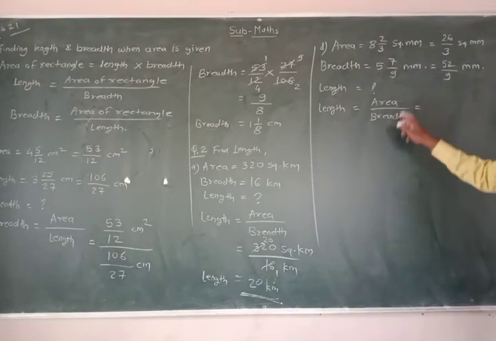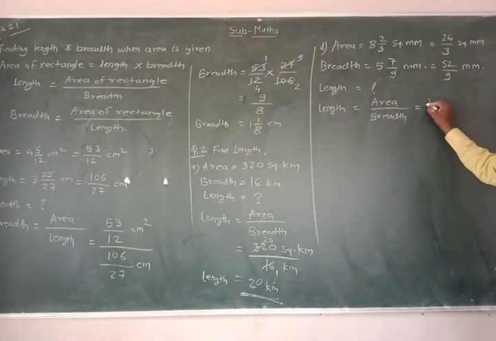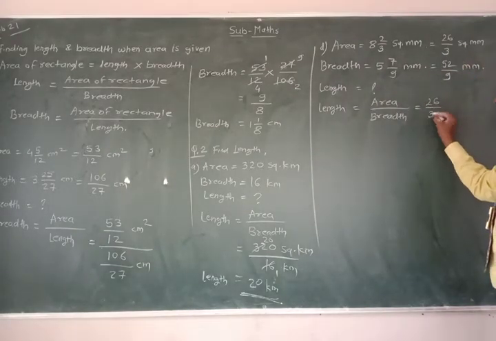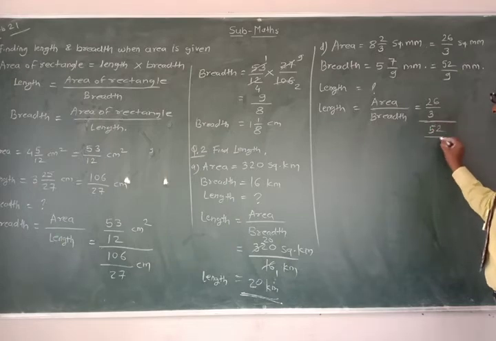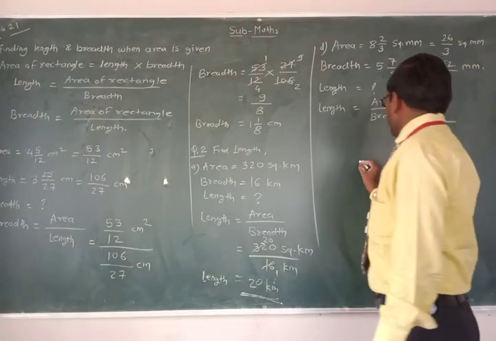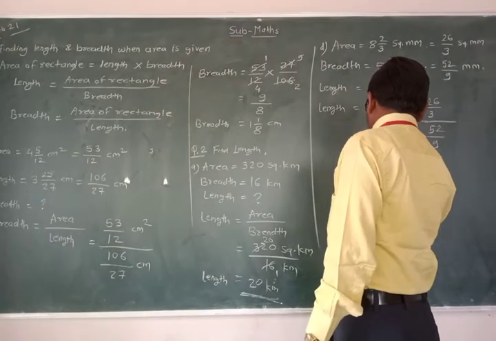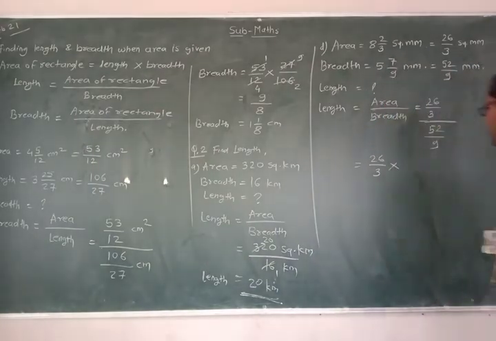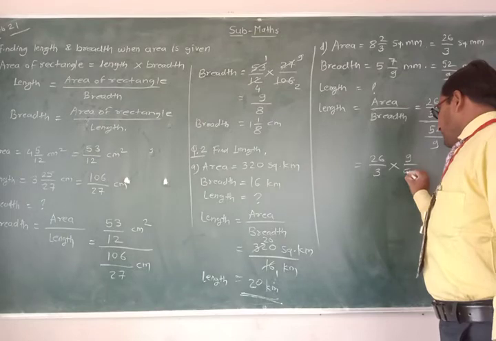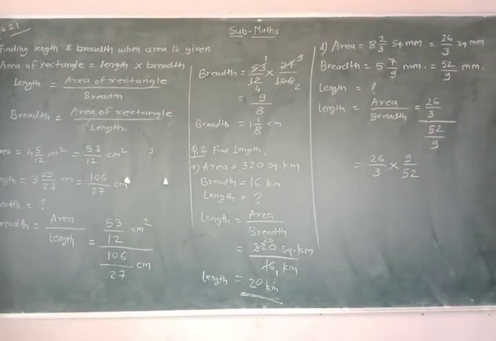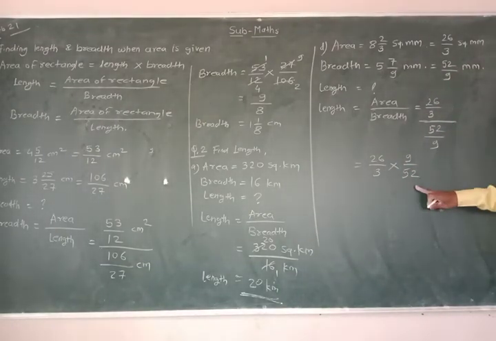Area is given, 26/3, divided by breadth 52/9. So it is equal to 26/3 multiplied by 9/52. 9 goes to the numerator, 52 goes to the denominator. Here division is converted into multiplication sign.